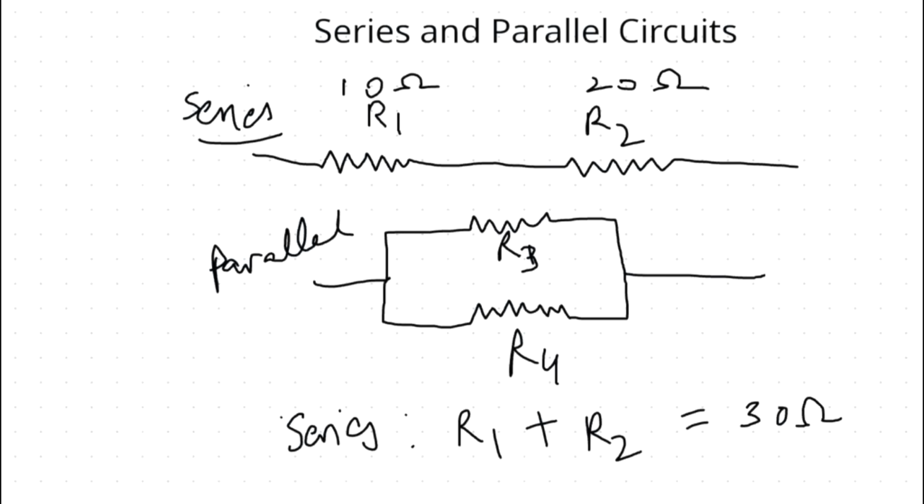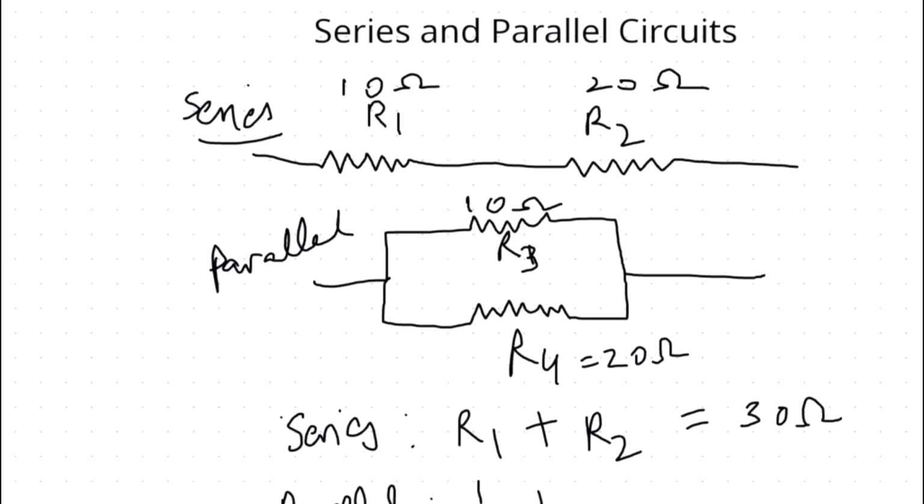Now, if you want to calculate the parallel resistance, right? Similarly, let's say if R3 is 10 ohms and R4 is 20 ohms. So in parallel, we have the reciprocals that are added.